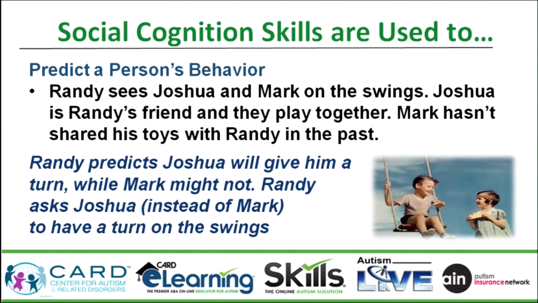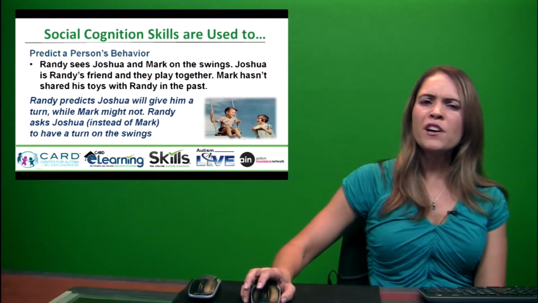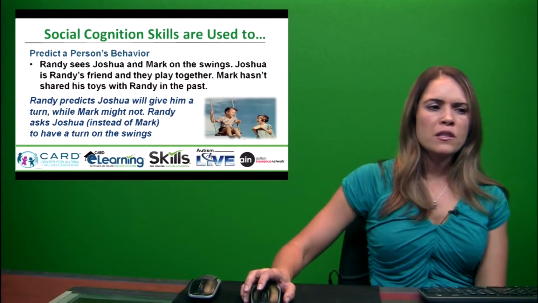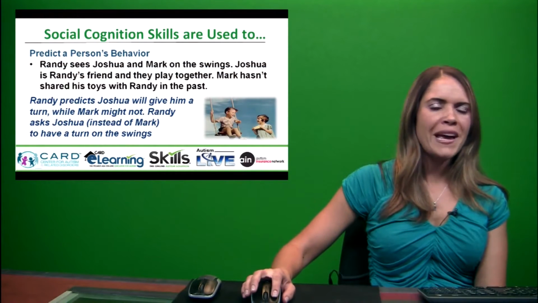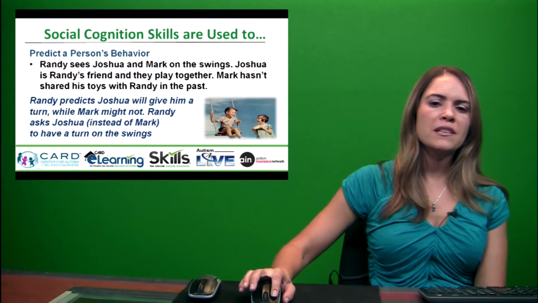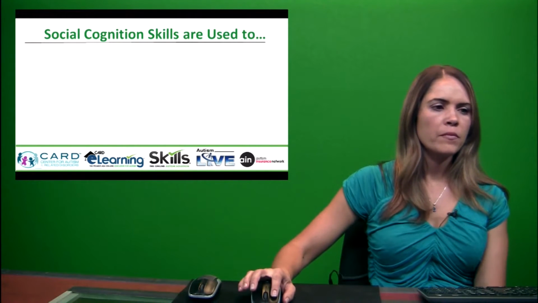Since he doesn't really have that history with Mark, but he does with Joshua, they've played together before, Randy decides to ask Joshua instead of Mark if he can have a turn on the swings. So they're using their social cognitive skills to predict what might occur in certain social situations. Very, very important for successful social interactions. We have to predict others' behaviors so that we can decide how to behave socially.